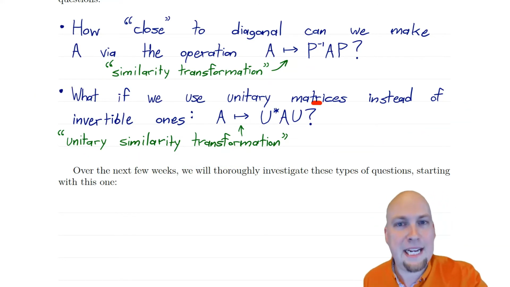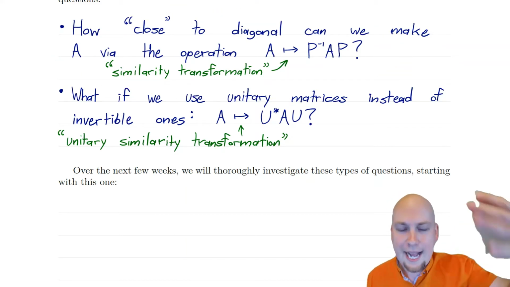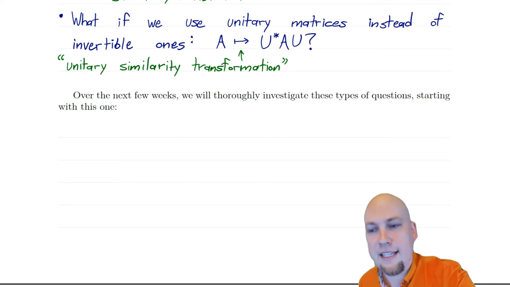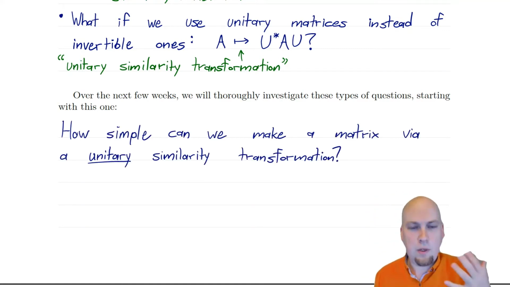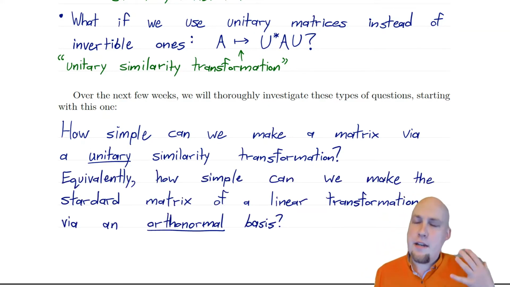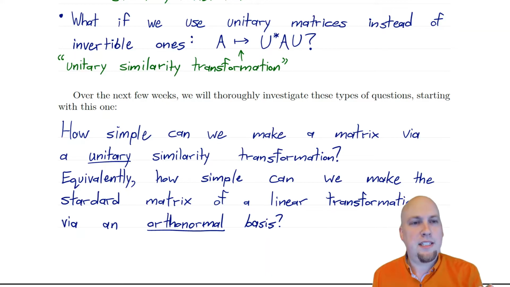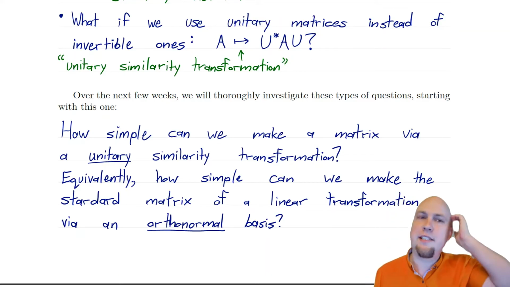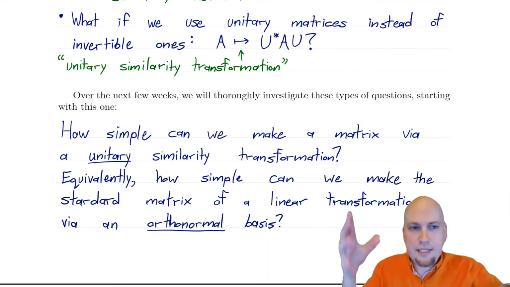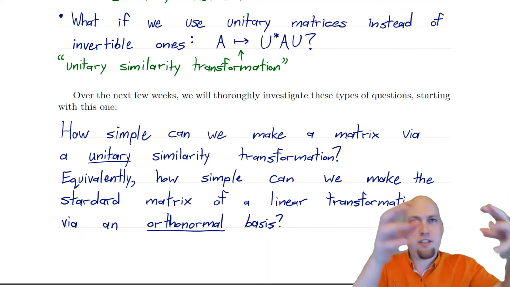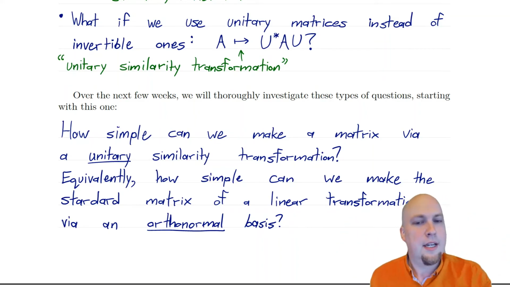We're going to come back and talk about this first question as well as we go through the next few weeks, but we're going to start off with the unitary similarity transformation question. Another way of thinking about this, instead of just thinking abstractly in terms of matrices, is in terms of linear transformations too. If you trace things through with standard matrices, remember, every linear transformation is equivalent to a standard matrix.